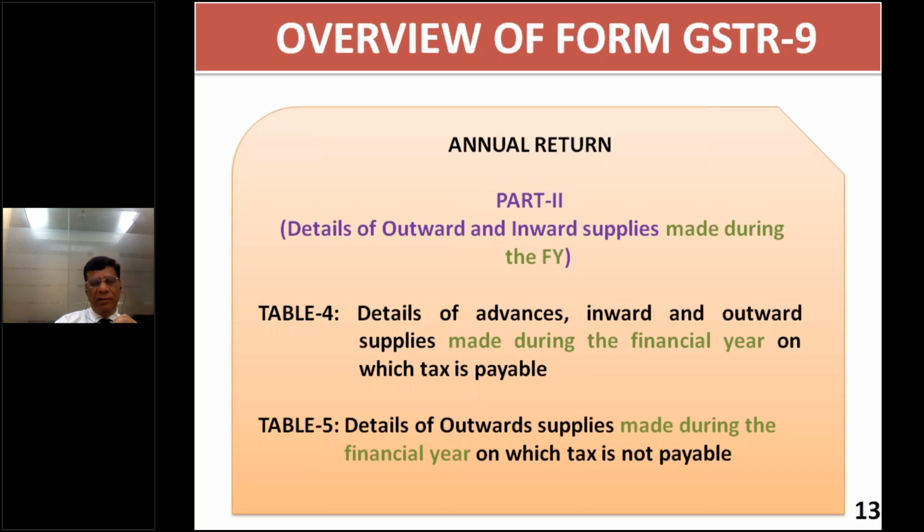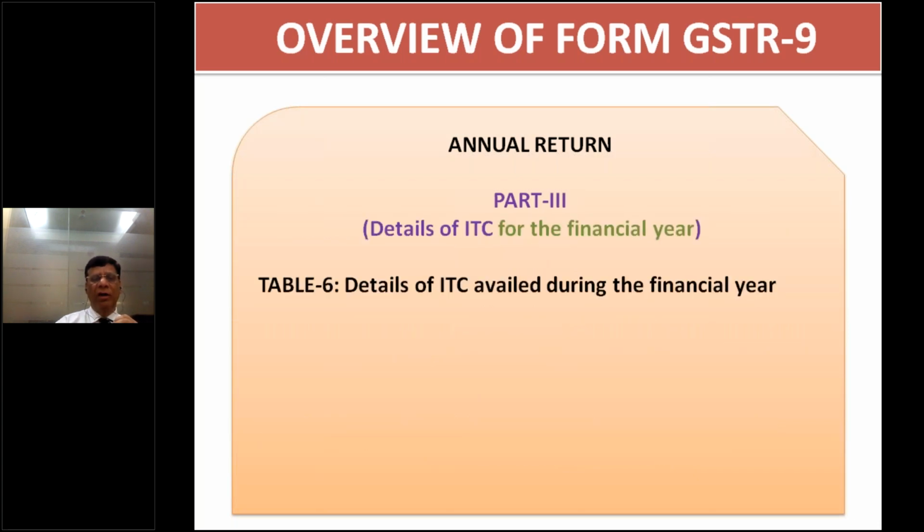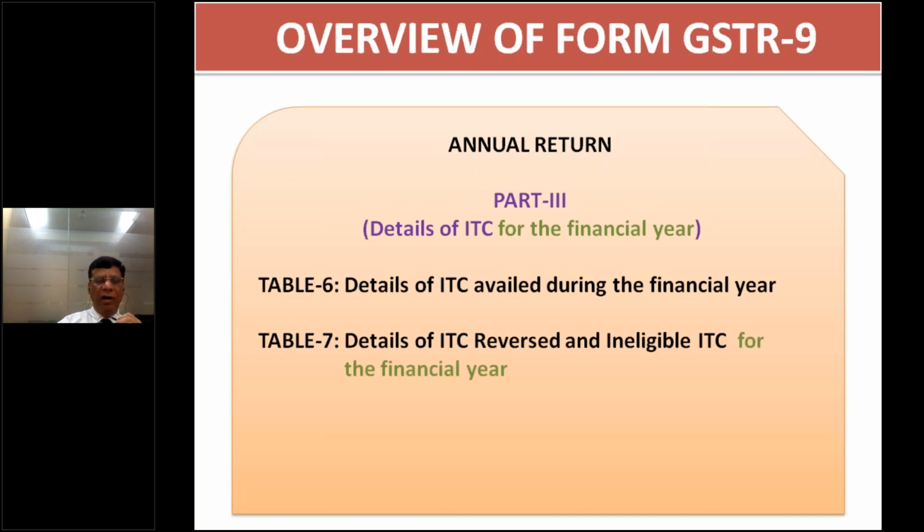So such kinds of supplies may be cross-verified by the lawmakers. Then Part 3 contains details of ITC. It contains 3 tables. Table 6 contains the details of ITC availed during the year, and Table 7 contains the details of ITC reversed and ineligible ITC for the financial year. Table 8 contains other ITC related information.